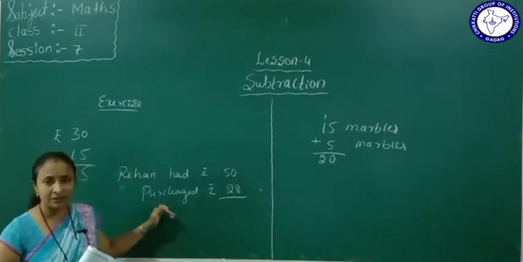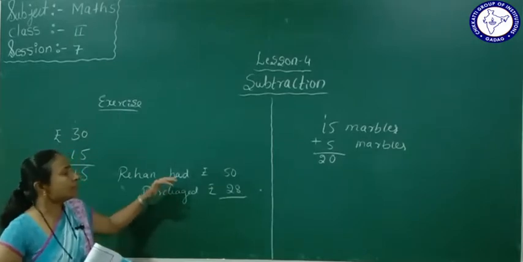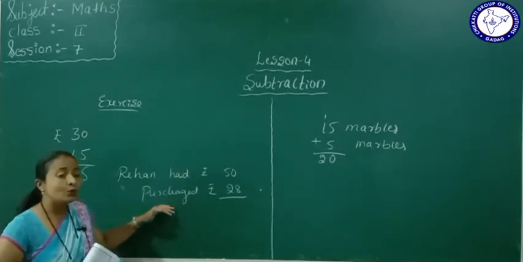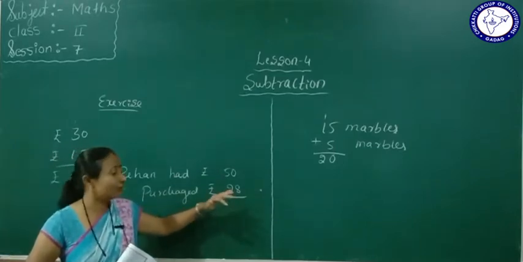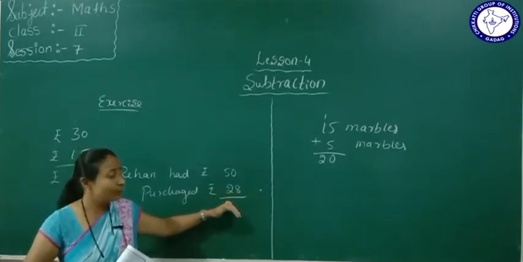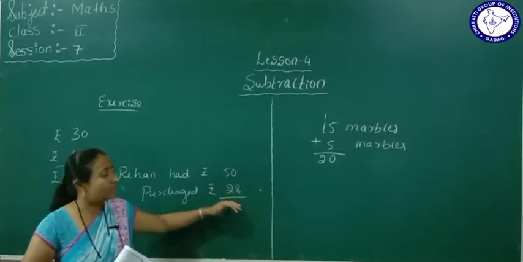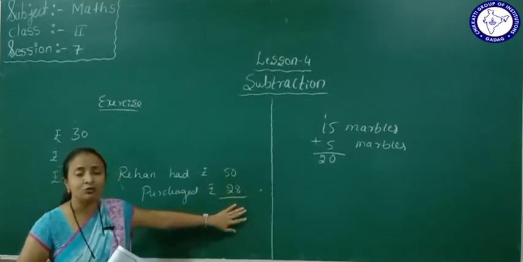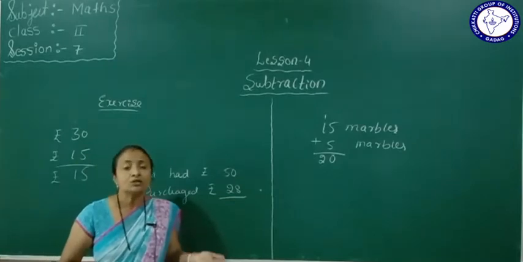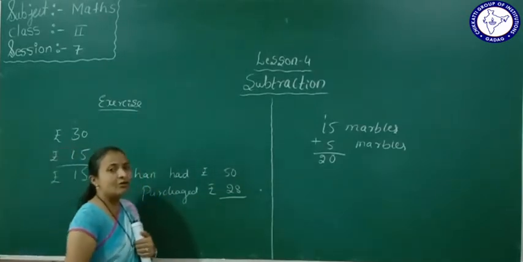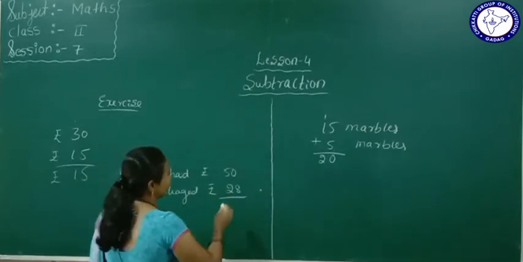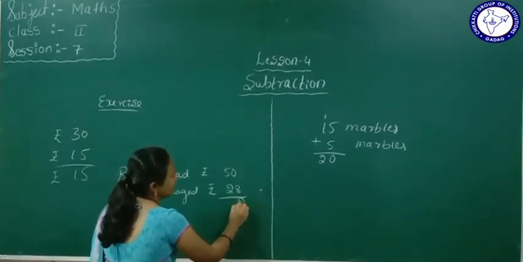We do subtraction, because out of 50 rupees, he already purchased vegetables worth 28 rupees. So how much amount remained? We subtract here. 10 minus 8 is 2.